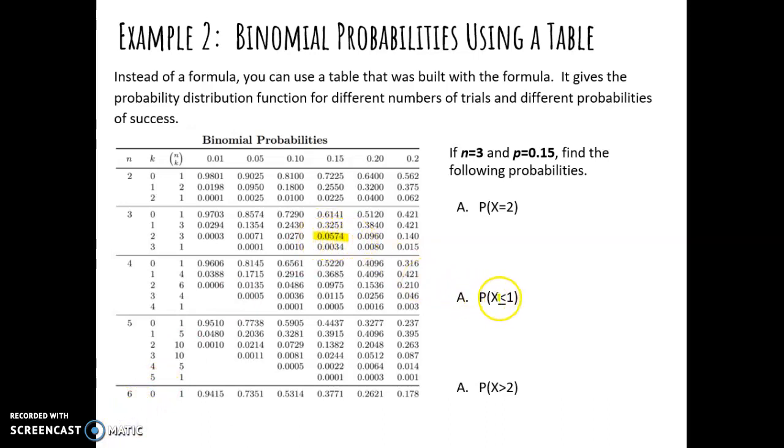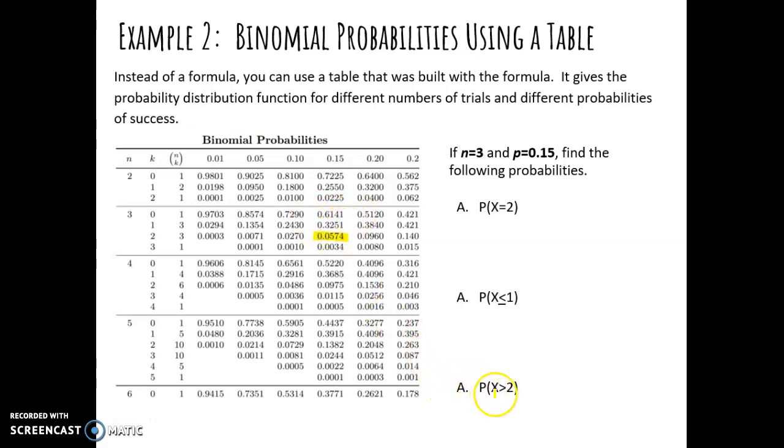But if we had something like this, what's the probability that x is less than or equal to 1? So we would need to add together the probabilities of 0 and 1, because the numbers that are less than or equal to 1 are 0 and 1, so you would add these two together.